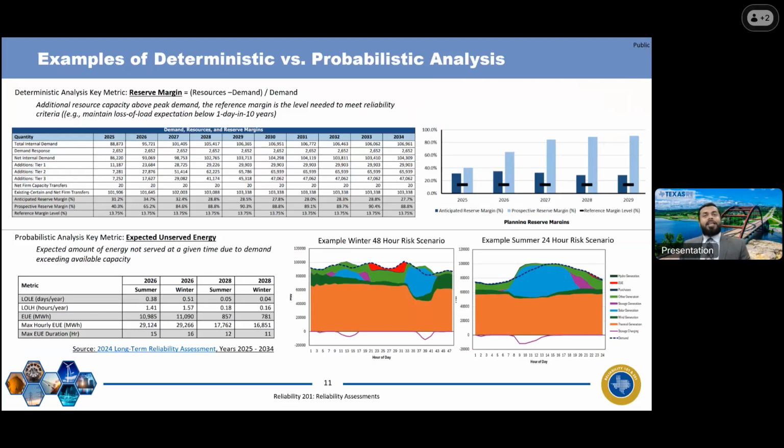Now you can see that even though the deterministic nature of the long-term reliability assessment tells us that we have enough reserves for the next 10 years, we found out more details regarding uncertainties in our ability to serve customer load through our probabilistic analysis. Again, both of the deterministic and the probabilistic assessments for the future years are included in our long-term reliability assessment report.